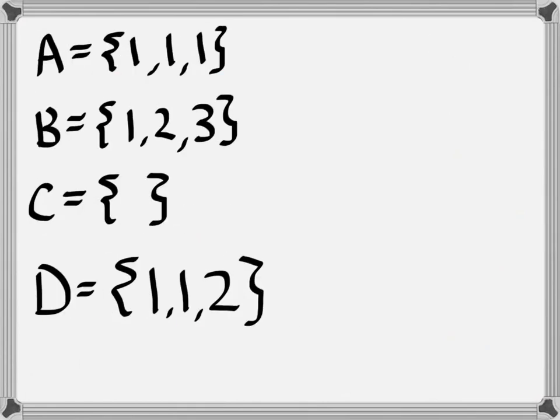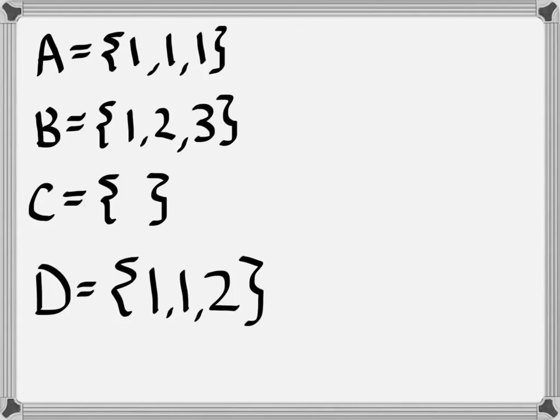Here's another example. Let's take A to be the set consisting of 1, 1, 1, B to be the set consisting of 1, 2, 3, C will be the set consisting of nothing, in other words, C has no elements, and D will be the set consisting of 1, 1, and 2.